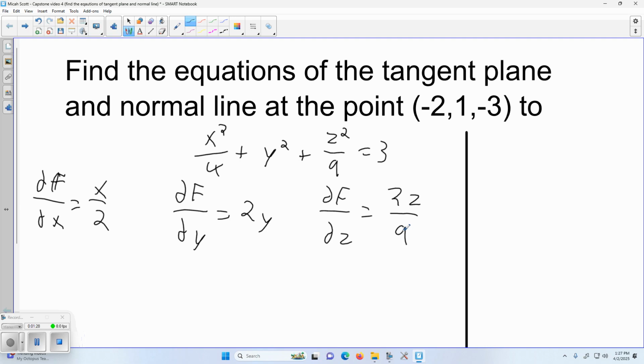Next, we use the gradient. That's how we're going to move forward when we find the equation of a tangent plane. First, we need to find the gradient. The gradient says that for the function, we use the partial derivatives that we found at that point.